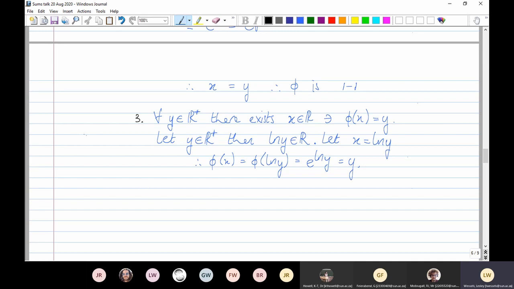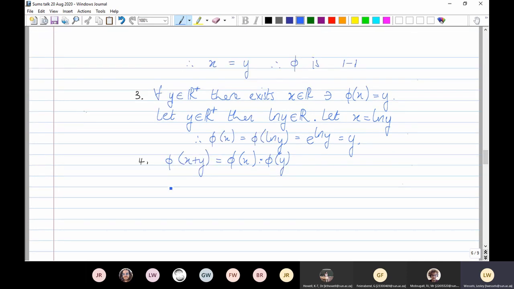Okay. And then the fourth step is we need to show that phi of x plus y is equal to phi of x times phi of y. And you know, of course, that this is true. So for x and y in R, phi of x plus y is e to the x plus y.